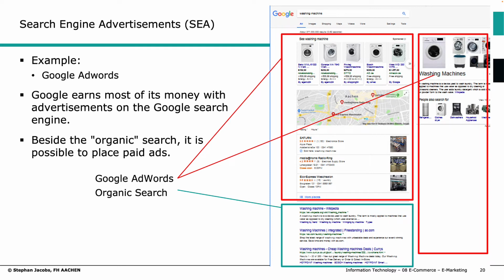This is just by some people who paid to be positioned in here. That's called Google AdWords, and that's called search engine advertisements. In contrast to it, we have this green area, which is called the organic search, and this is more related to the content of a web page. Actually, Google really makes money with these kind of advertisements.